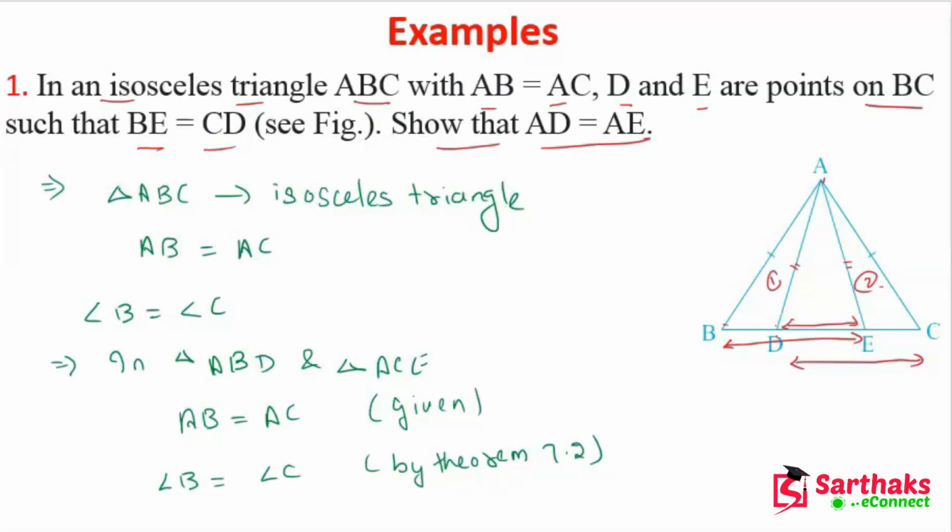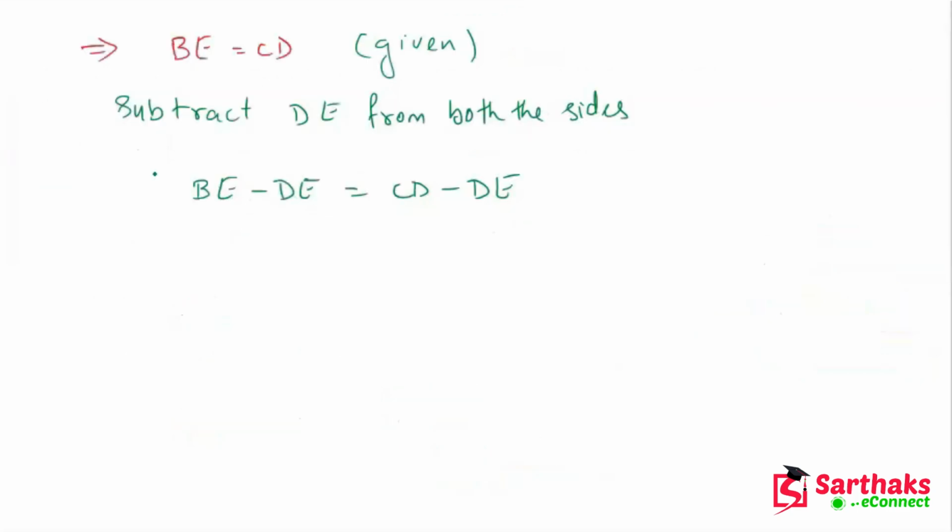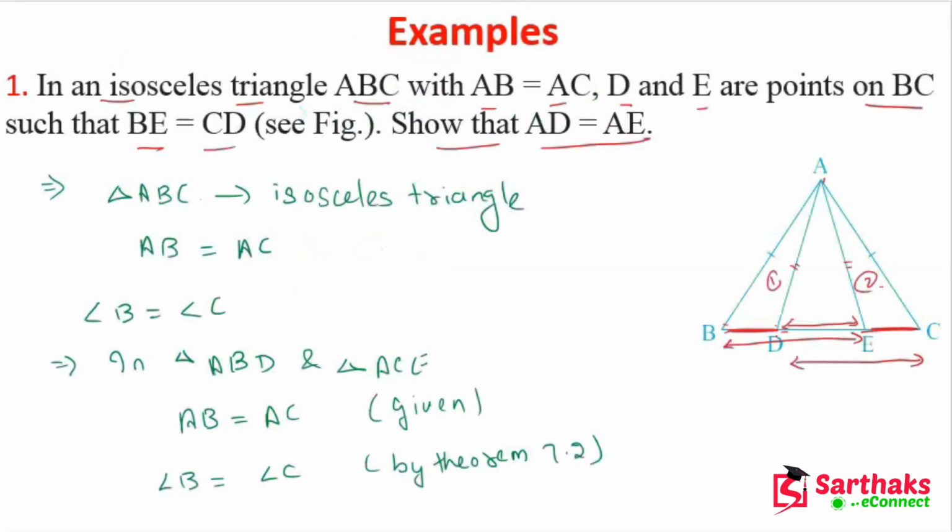So you can see that if you subtract DE from BE, we get BD, this line. And if you subtract DE from DC, we get CE. So after subtracting, BD is equal to CE. These are the corresponding sides of triangles ABD and ACE.